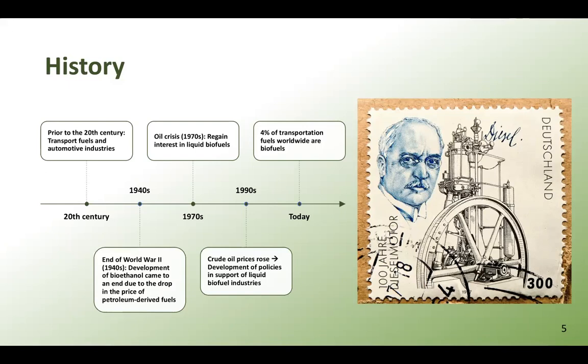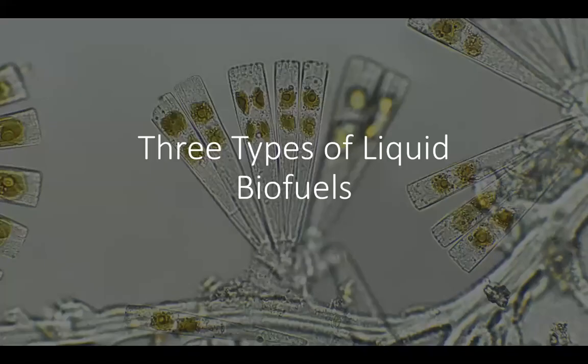And in the 1990s, the crude oil prices rose, and certain countries like the US and European countries started developing policies for the use and production of liquid biofuels. As of today, liquid biofuels amount to 4% of total transportation fuels, and hopefully in the future they will be increasing. So now Jenna will discuss the first two types of the liquid biofuels.